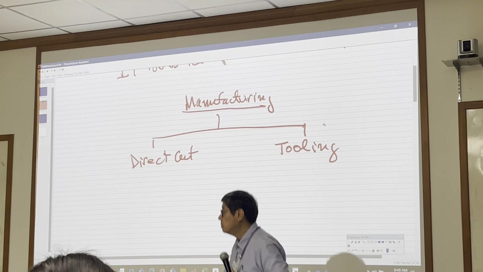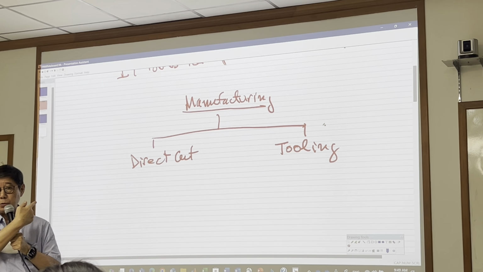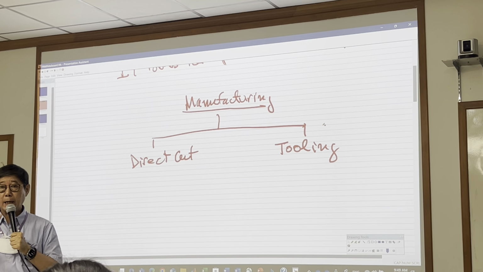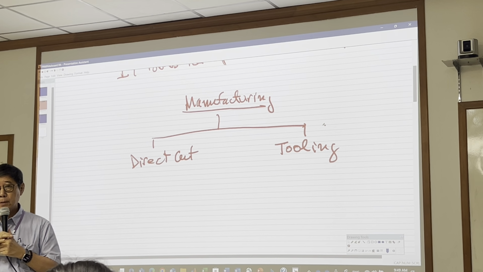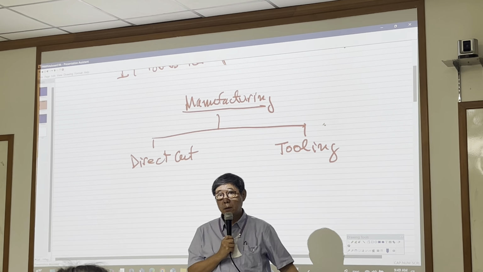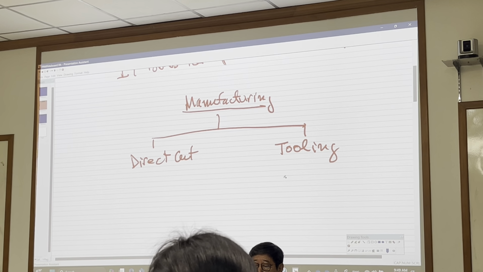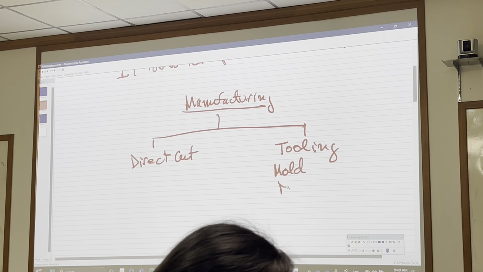Direct cut is the one that I just showed you, right? With direct cut, you cut the part. The other type is tooling. Tooling is making tools. For example, you create a mold and die.